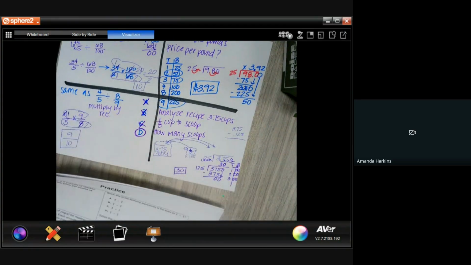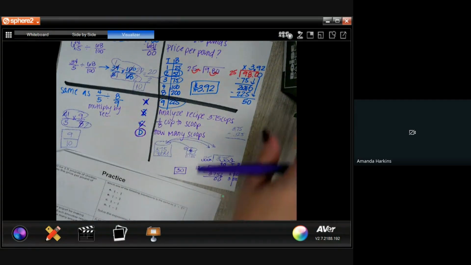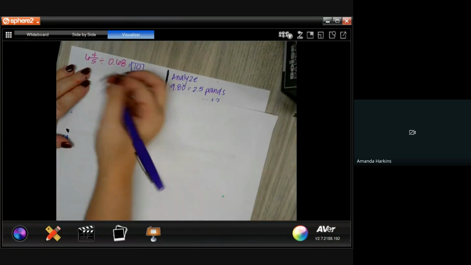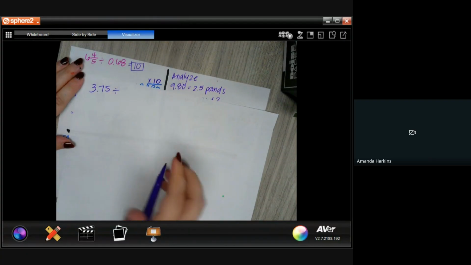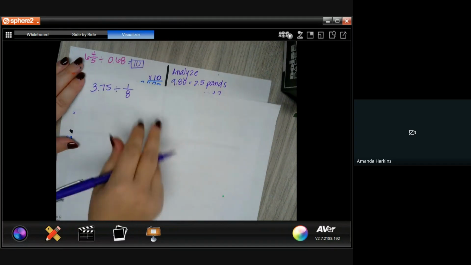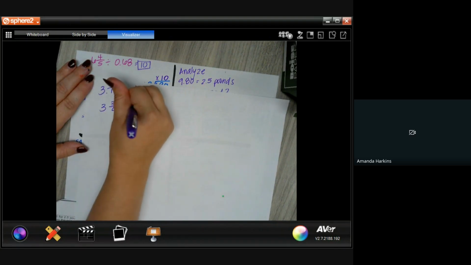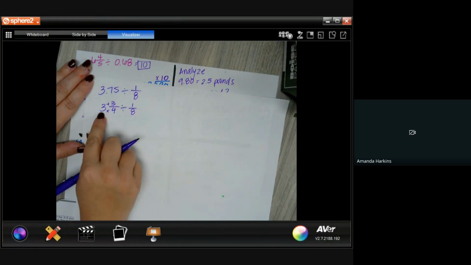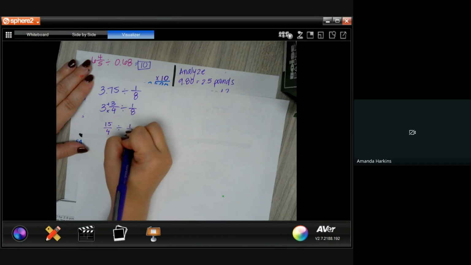Let's also see if I use fractions, if it gets me the same thing. So we know that 3.75 divided by 1/8. So that's 3 3/4 divided by 1/8. 3 times 4 is 12, plus 3 is 15, divided by 1/8.